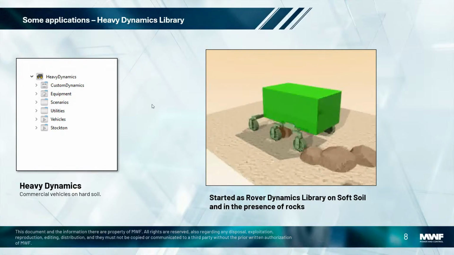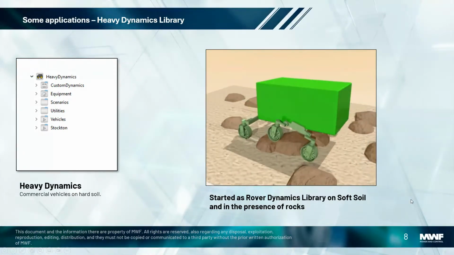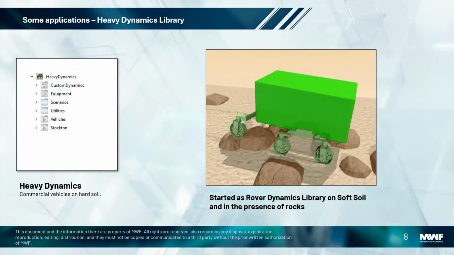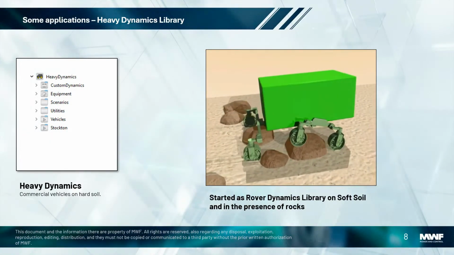First, a brief introduction about the Heavy Dynamics library. Currently, we use it to model and analyze and even design control systems for heavy vehicles. But originally, it was conceived to simulate planetary exploration rovers like this one that you see in the animation there.